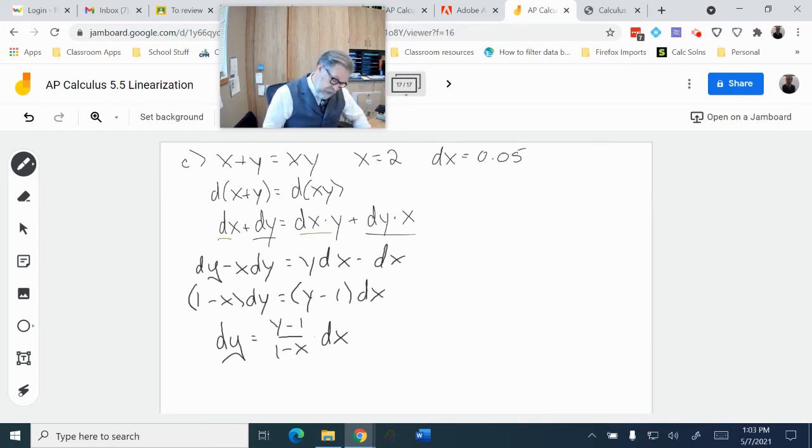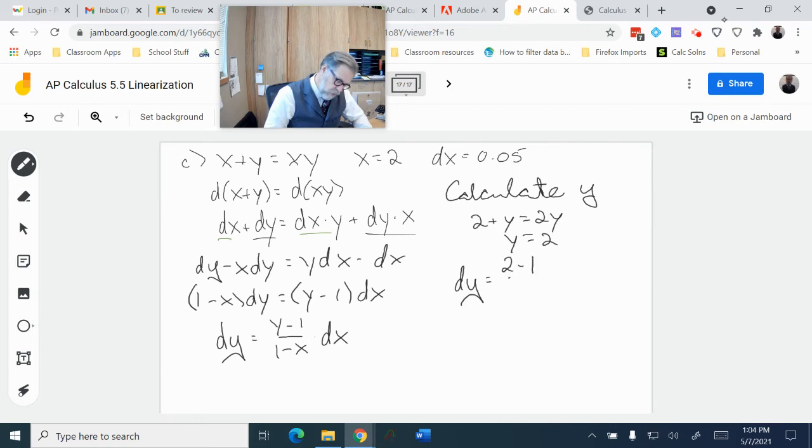So I know that x is 2. I am going to have to calculate y here because I don't know y. I was only given an x. So I know that 2 plus y equals 2 times y, which means that y must equal 2. And so now I know that the change in y is equal to (2 minus 1) divided by (1 minus 2) times 0.05, which is negative 0.05.